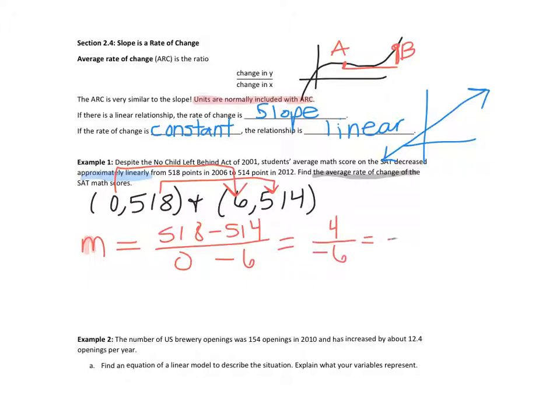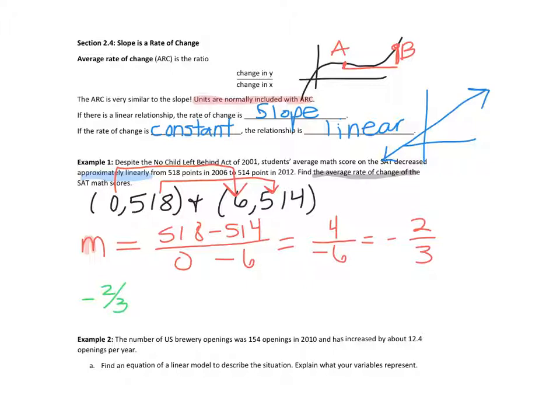All right, and we said it was negative 2/3. So this is what we were doing in the previous section. Remember, units are normally included with the average rate of change. So let's have our answer be negative 2/3.